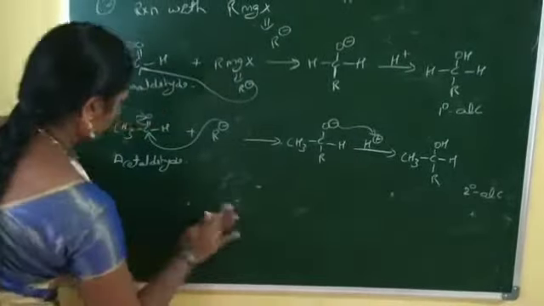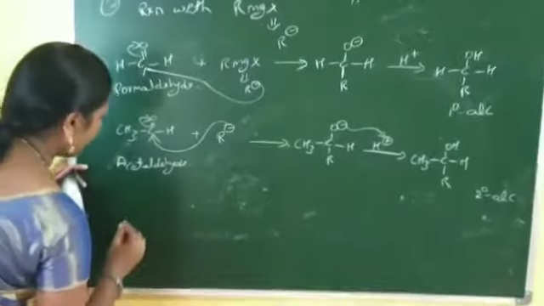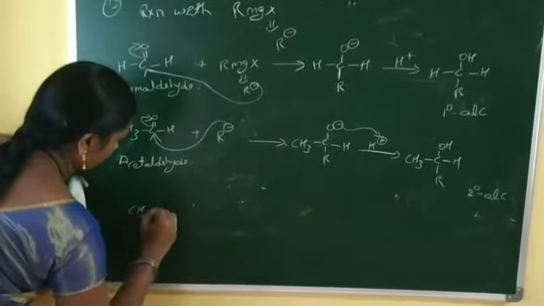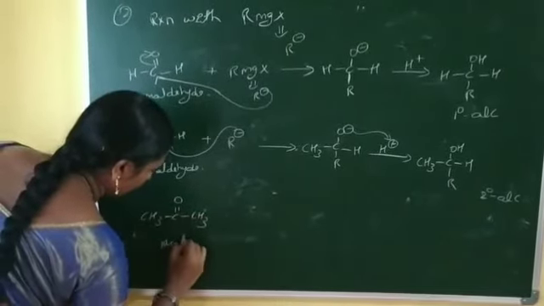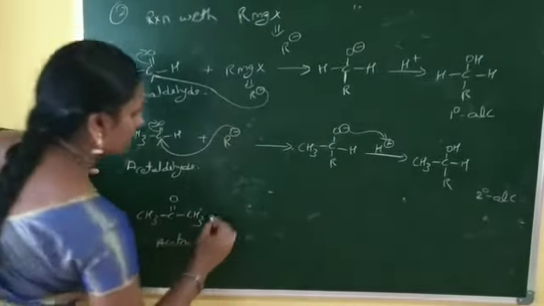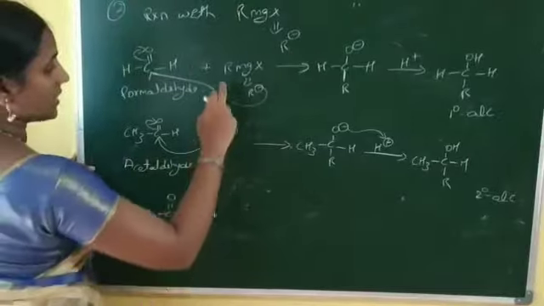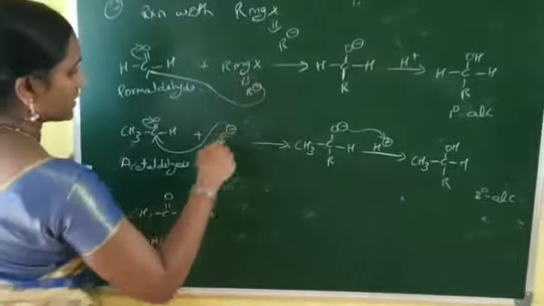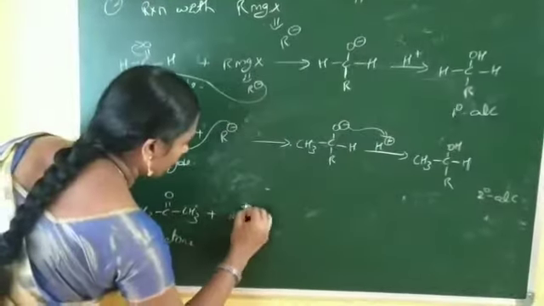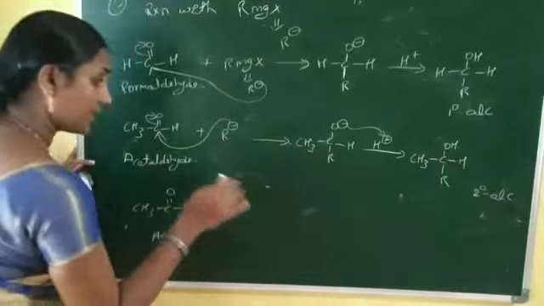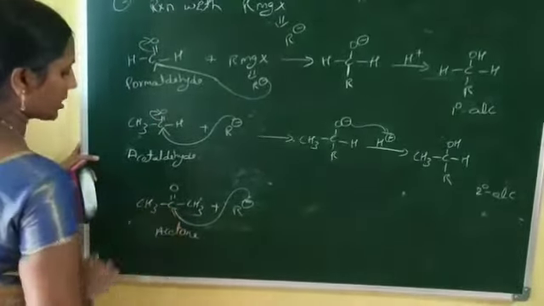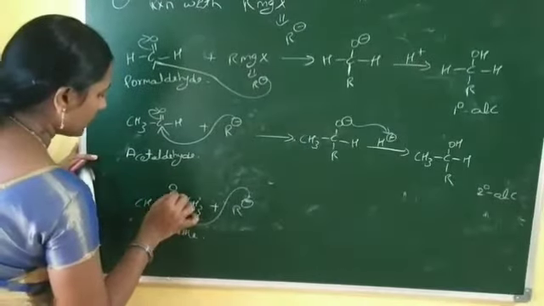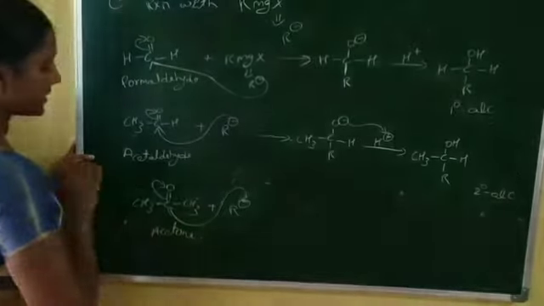And to prepare a tertiary alcohol, we treat it with acetone. The reactant is acetone. Now again acetone is treated with the Grignard reagent RMgX. Now RMgX gives a carbanion like R minus. Now the carbanion acts as a nucleophile. This nucleophile directly adds at the partially positive carbon atom. Immediately the double bond shifts to the oxygen side.